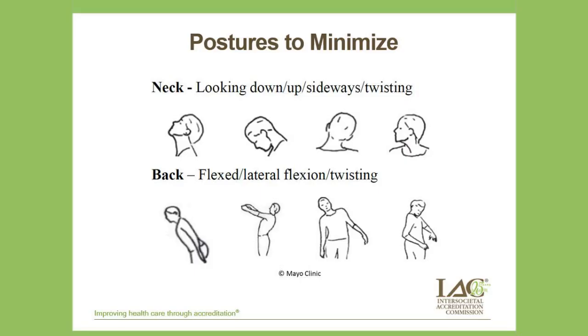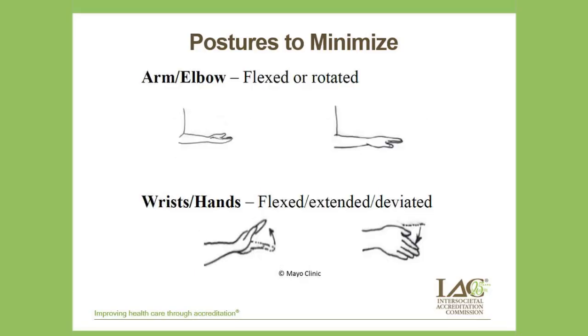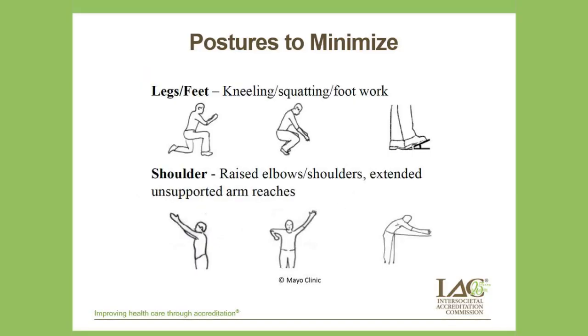Now, I'm saying you should minimize these postures. It doesn't mean you eliminate them, but you don't hold them for a long time, and you try not to have to do them. In terms of the arm or the elbow, I think, or the wrists or the hands, really, if you do a lot of flexion of your wrist and hand, that's where you start to get some of that irritation of the tendons in particular.